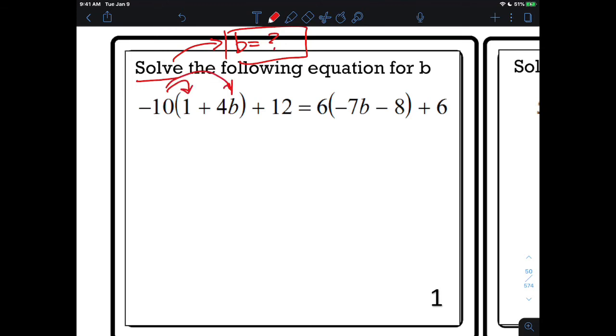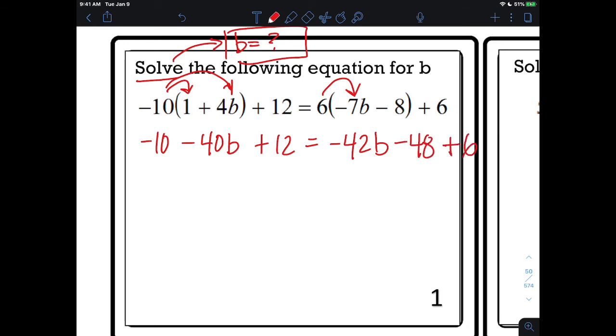So first, let's go ahead and distribute, get rid of those parentheses, because I don't like dealing with them. Okay, now I'm going to go ahead and combine like terms on each side. And over here, I'm going to do the same thing.